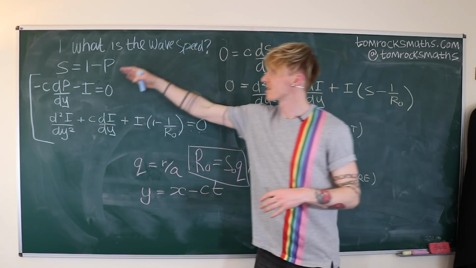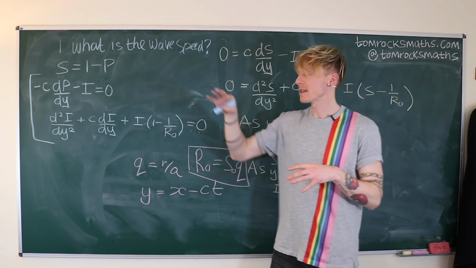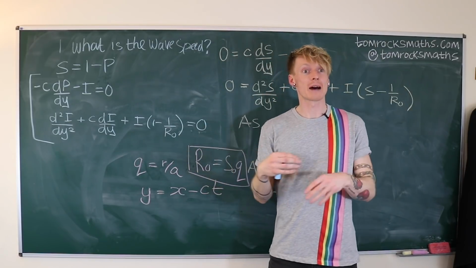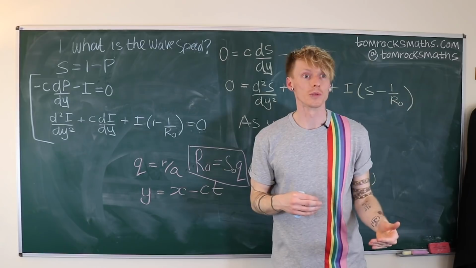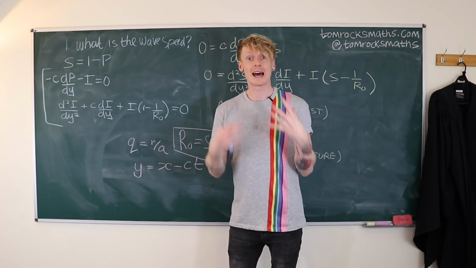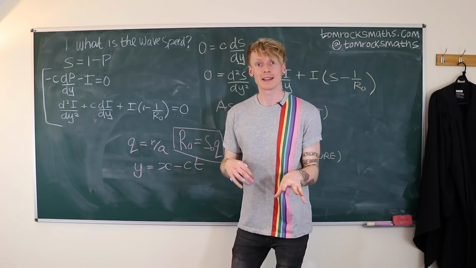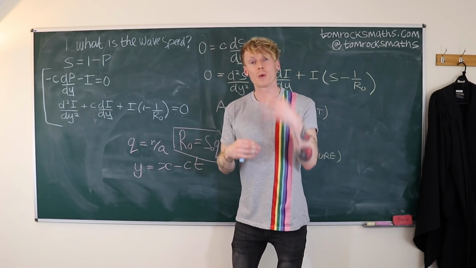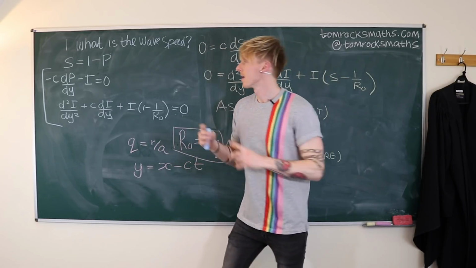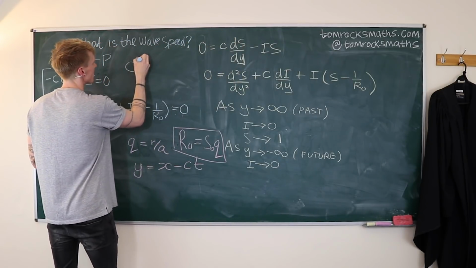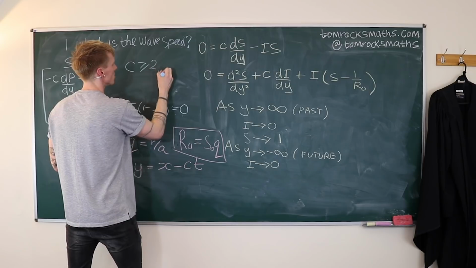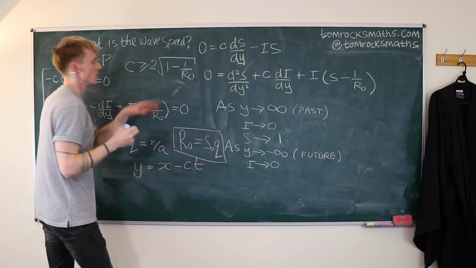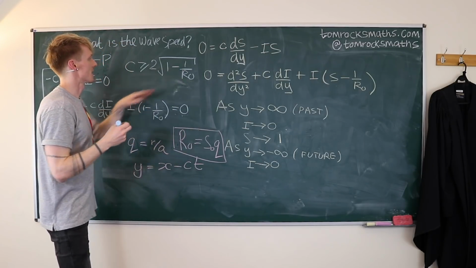We now have the set of equations here in blue, which, whilst it might not look necessarily any simpler, is now in a form that allows us to use another mathematical tool. This one is called phase plane analysis, and applying phase plane analysis to these two equations actually tells us that for traveling wave solutions to exist, we must have that c is greater than or equal to 2 times the square root of 1 minus 1 over the reproductive number R0.